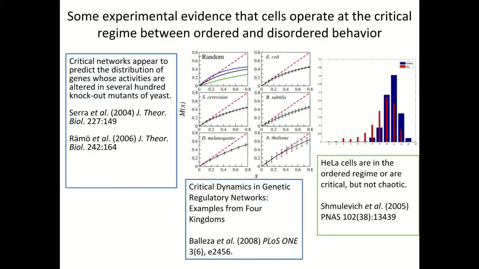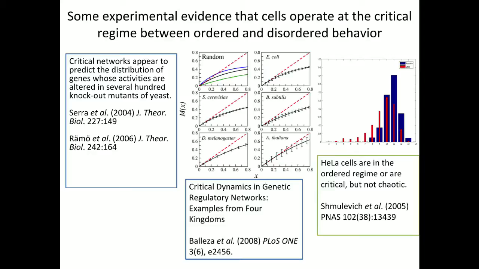There are very interesting papers showing criticality in the brain. But in cells, it's more difficult to get good data, especially time series data. And so there have been some attempts in the literature to show that cells are indeed poised in this critical phase transition. And there has been evidence accumulating.